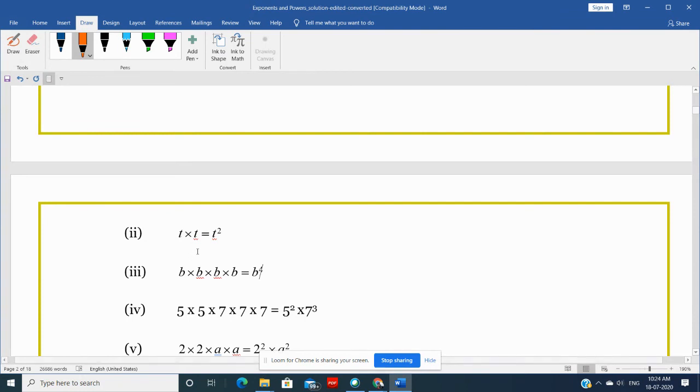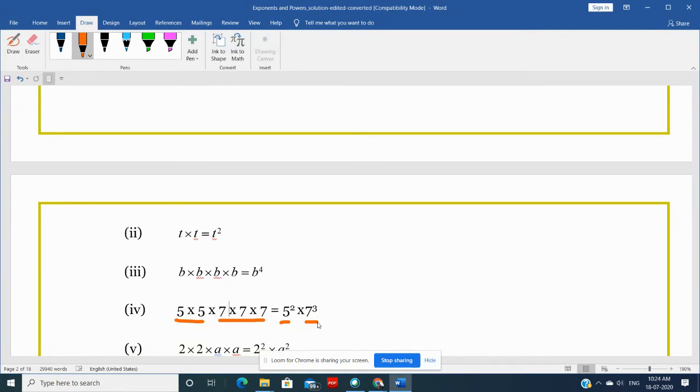So the answer is b raised to the power of 4. Next one is 5 2 times. So let me highlight it for you. 5 2 times and 7 3 times. So you can just mention here 5 square and 7 cube. So this is how it is.